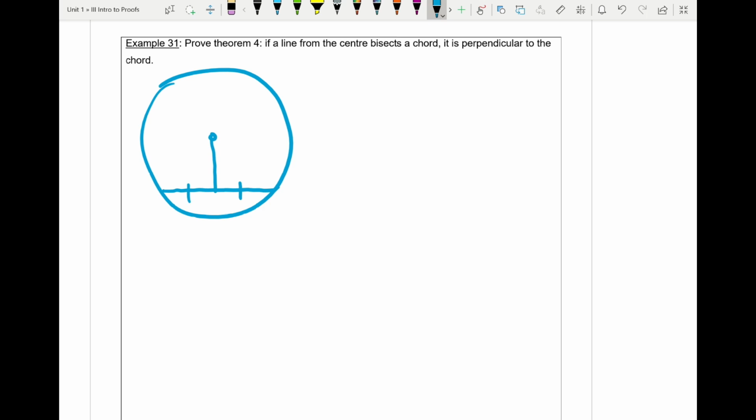So let's label this, let's call it O, A, and B, and we want to show that the angle from O to the midpoint to A is equal to 90 degrees. This is what we're wanting to prove. Right, so let's label this midpoint. We know it's the midpoint because it's bisecting it, and that's what we're trying to find.